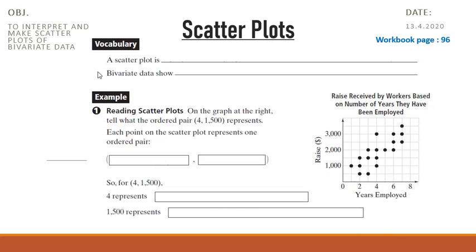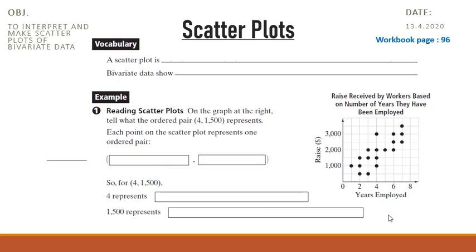Okay, now who can tell me what's the meaning of scatter plot? Yes, Saud. Use your mic.